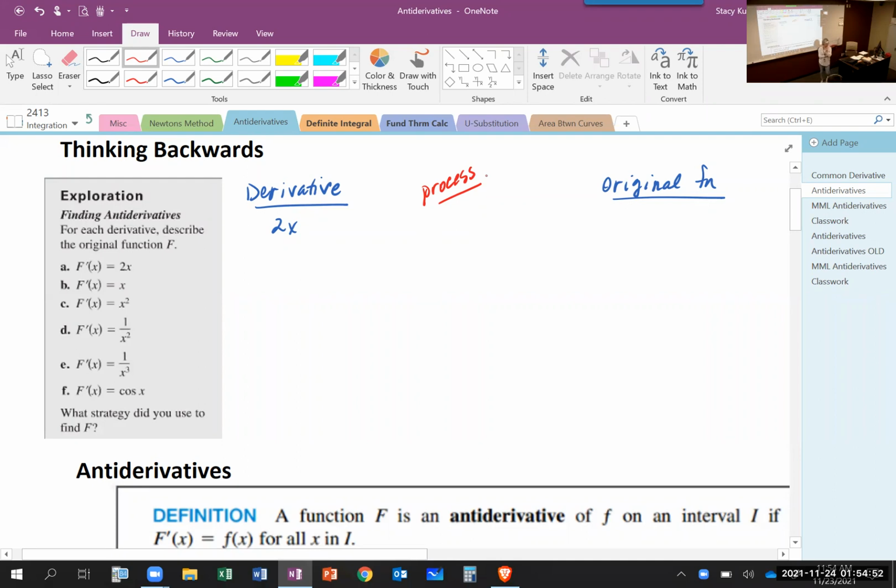So remember, once you get your original function column done, could you take the derivative and get what you were asking in the first column?